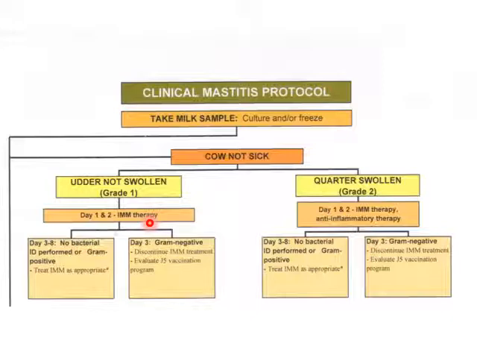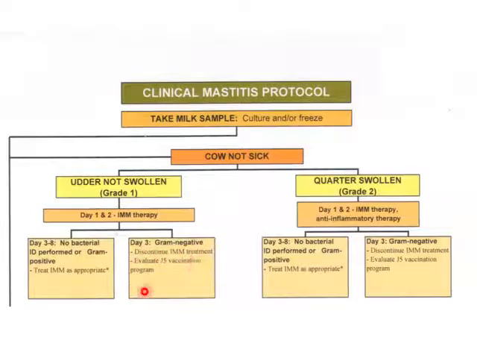We sample the animal before we do the intramammary therapy, and then based on the growth, if we've got no bacterial ID or gram positive, we might treat with intramammary as appropriate. If it's got gram negative, we know that most of the intramammary treatments are for gram positives, so that doesn't work.